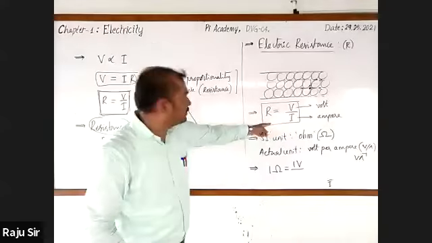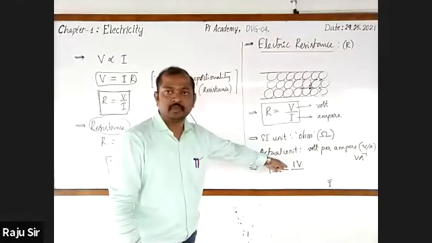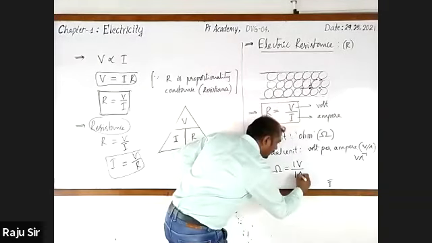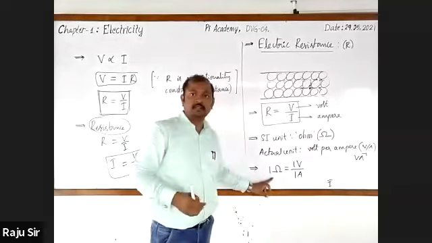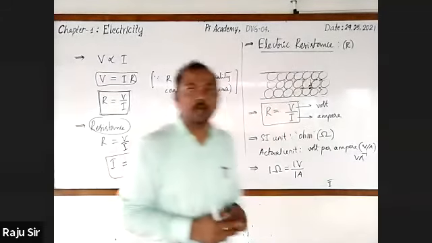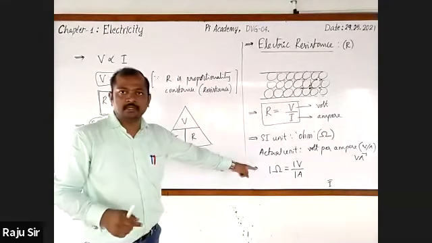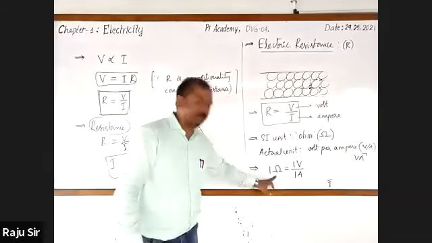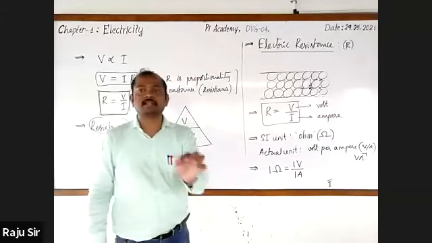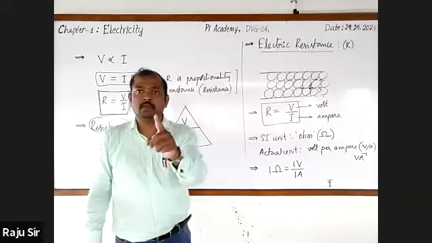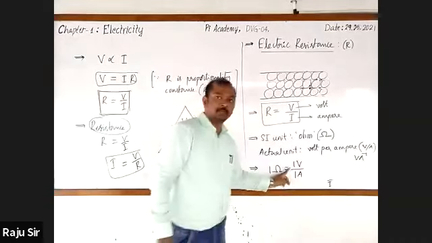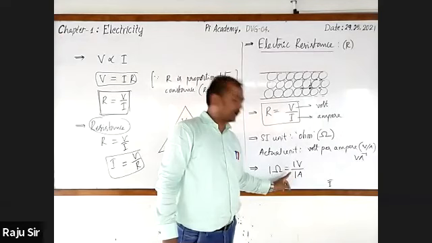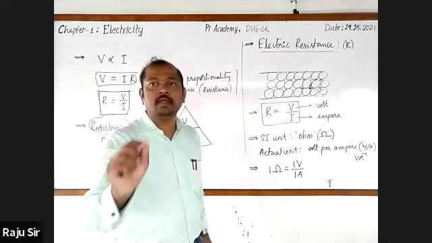When the potential difference between the ends of a conductor is 1 volt, and the current flowing through the conductor is 1 ampere, then we can say that the resistance offered by the conductor is 1 ohm. Once again, look here. The resistance offered by a conductor is said to be 1 ohm if the potential difference between the ends of the conductor is 1 volt and the current flowing through it is 1 ampere.